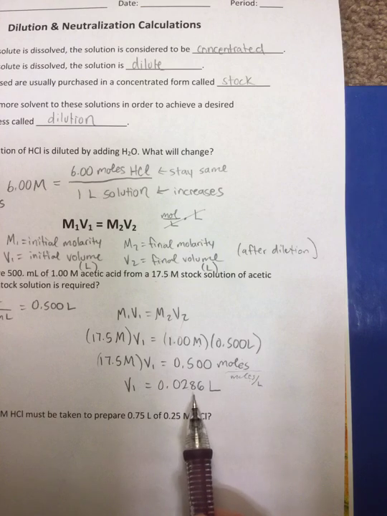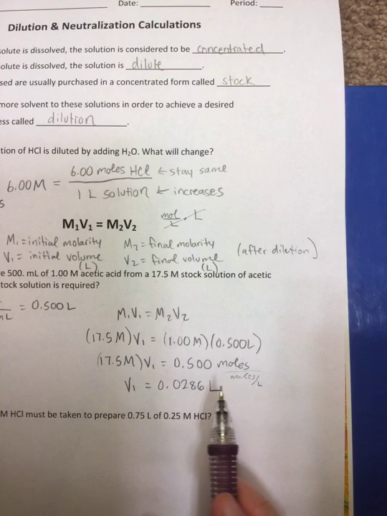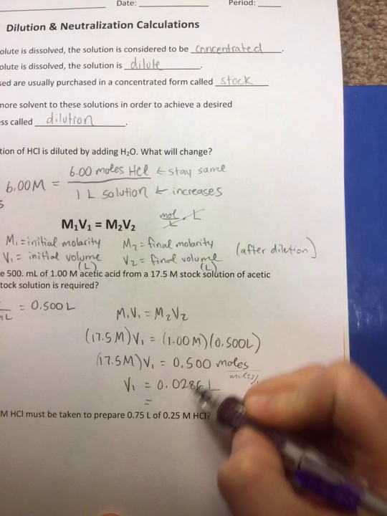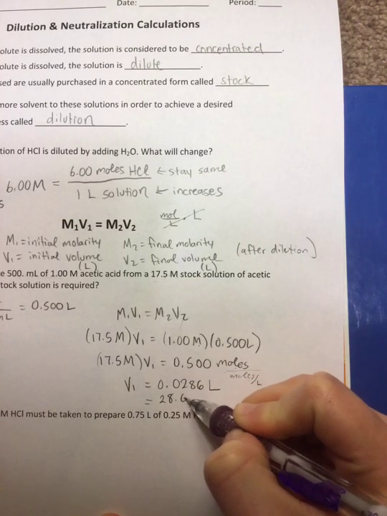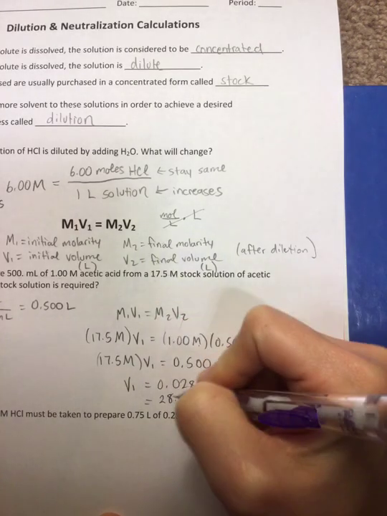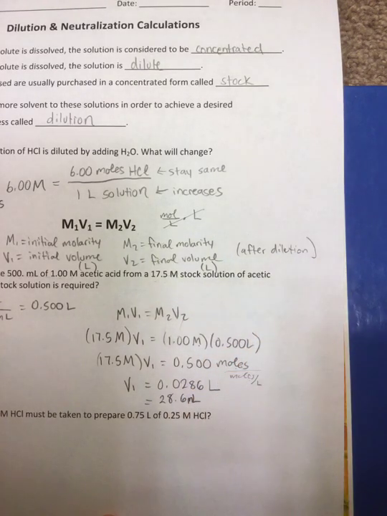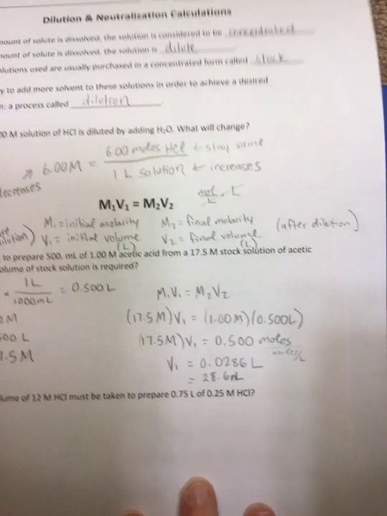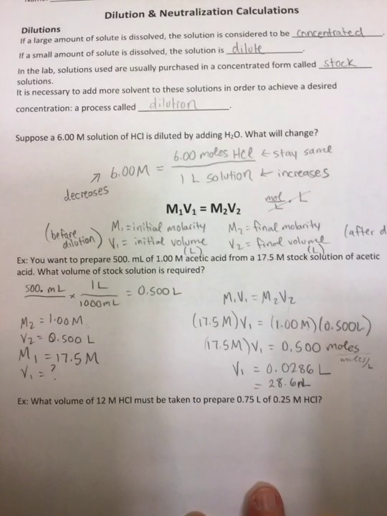And of course, when you look at this, 0.0286 liters doesn't tell you very much. So I'm going to go ahead and convert this to milliliters, because 28.6 milliliters is something much easier for us to go back and actually execute in the lab. So that was our first calculation right there.